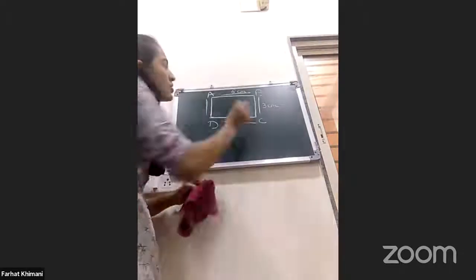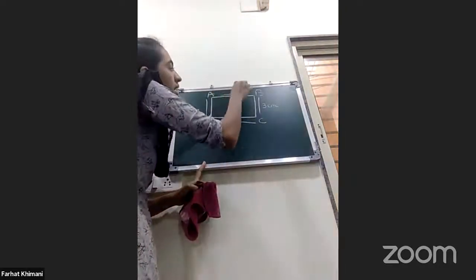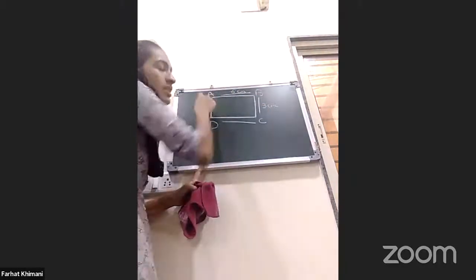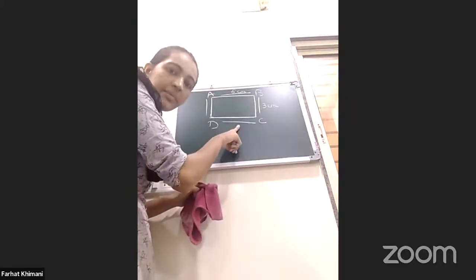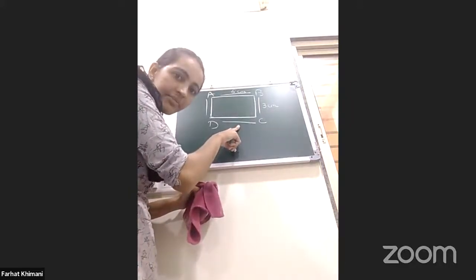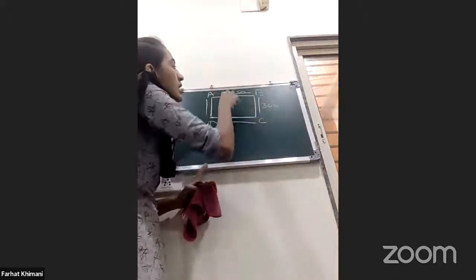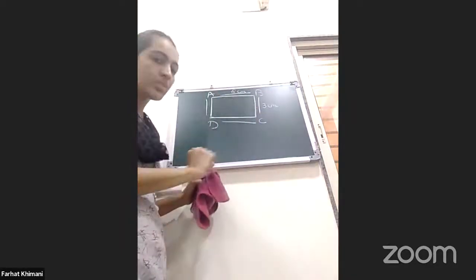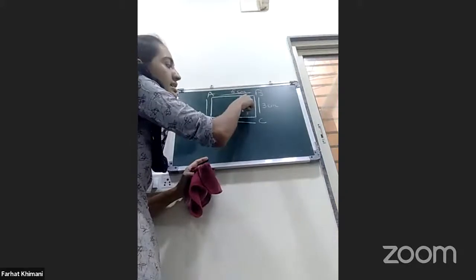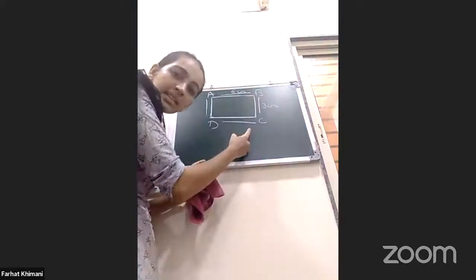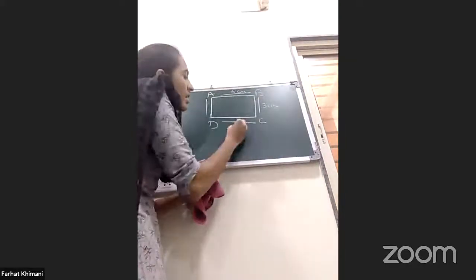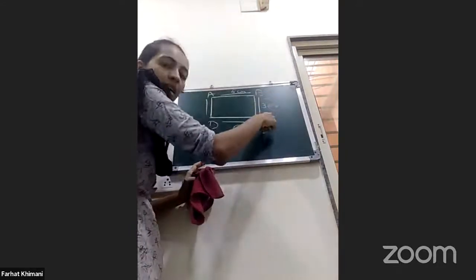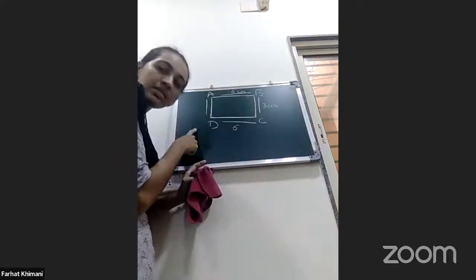The opposite sides of the rectangle are equal. Since this side is 6, this side should also be 6. And this side is 3, so this side should also be 3.